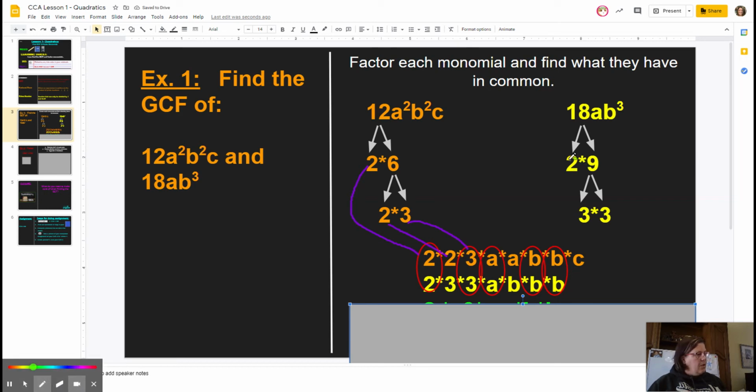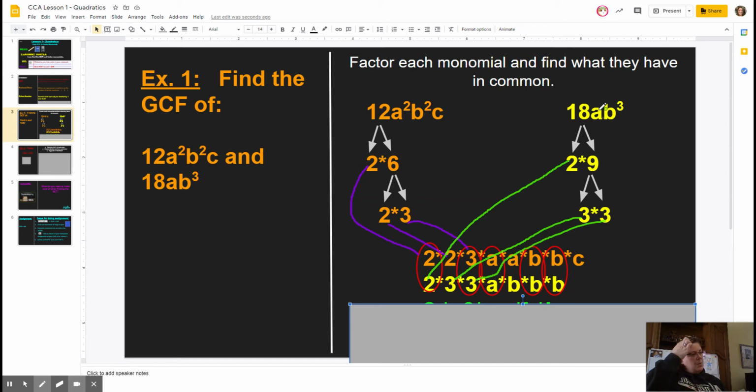Let me grab a different color. So here's this 2. And then each of the 3's are right here. And then I took the variables and broke it up. I've got just a, and then I've got 3 b's. Let me erase those lines so it doesn't look so crazy in there.